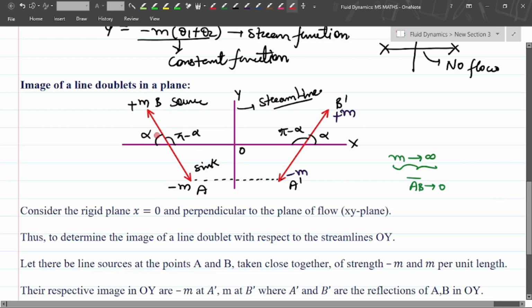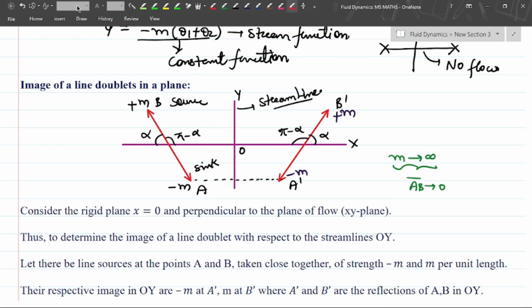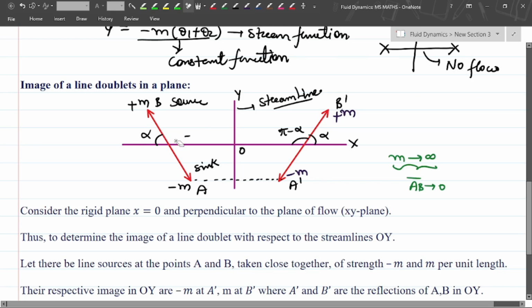Here the angle with the x-axis is alpha, and on the other side it is pi minus alpha.